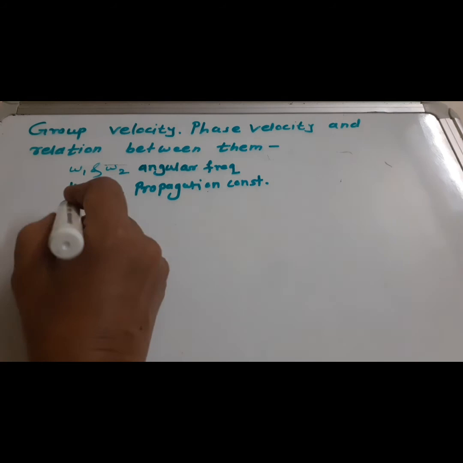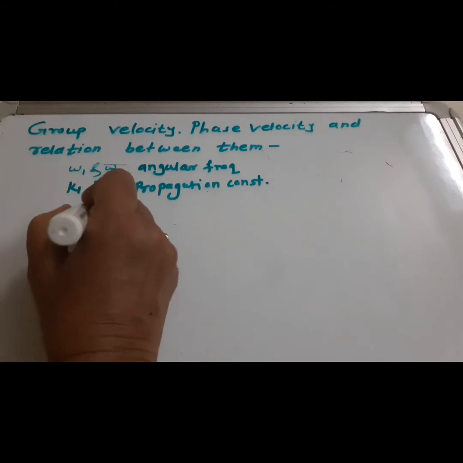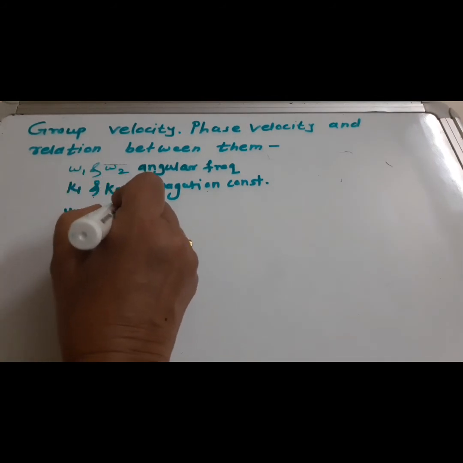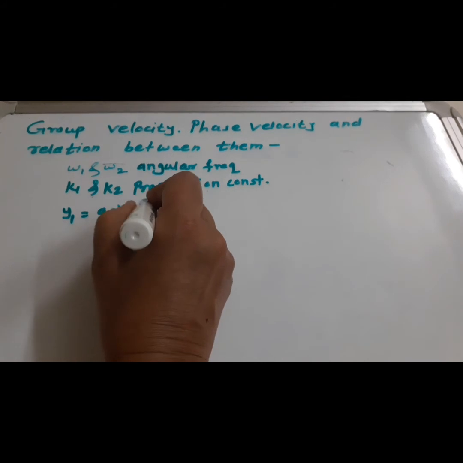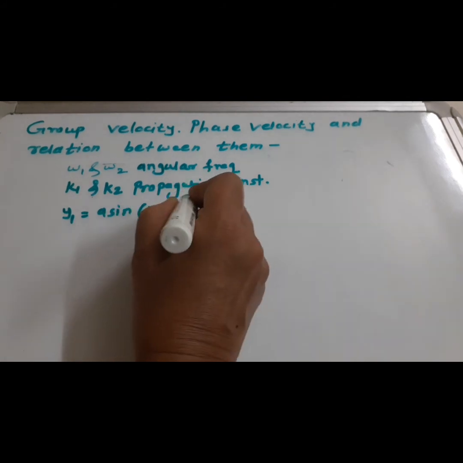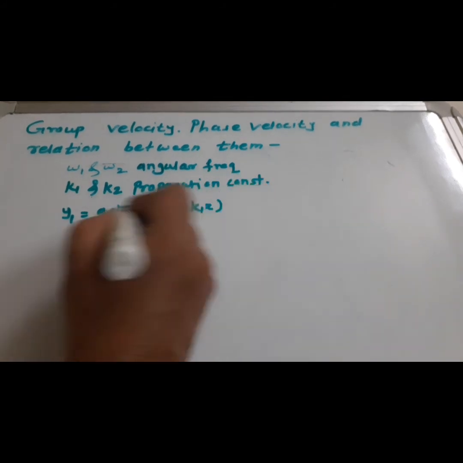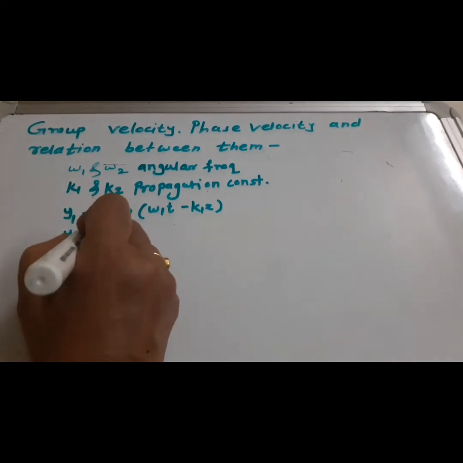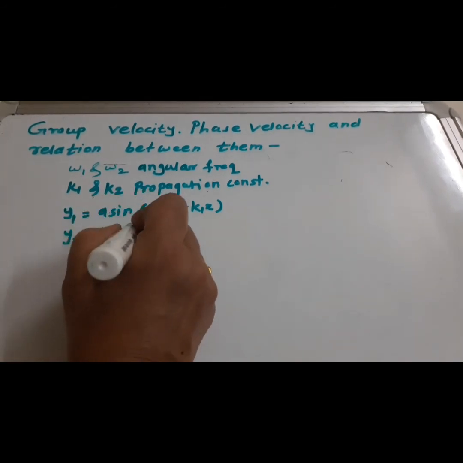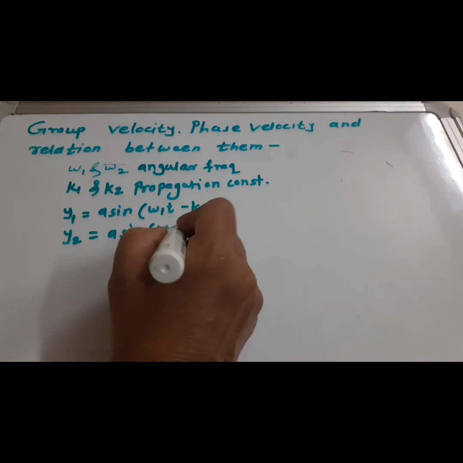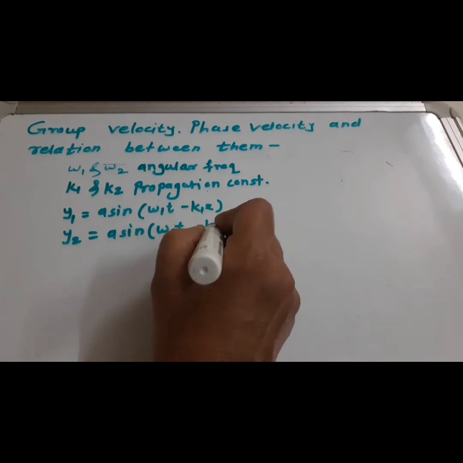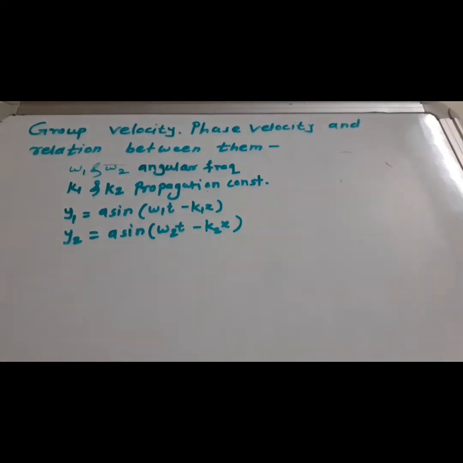So we consider y1 is equal to a sin(omega 1 t minus k1 x), and y2 is equal to a sin(omega 2 t minus k2 x).